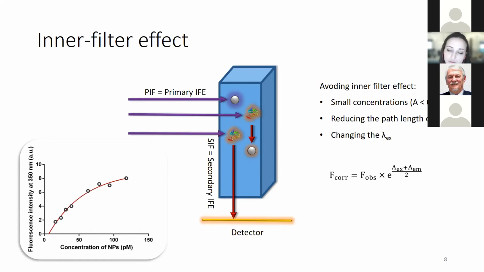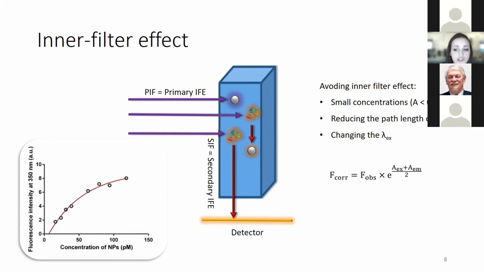Well, first of all, you can work in a very small concentration range where absorption at the excitation and emission wavelength is below 0.1. You can reduce the path length of the light by using smaller volumes or a smaller cuvette with a smaller path length.